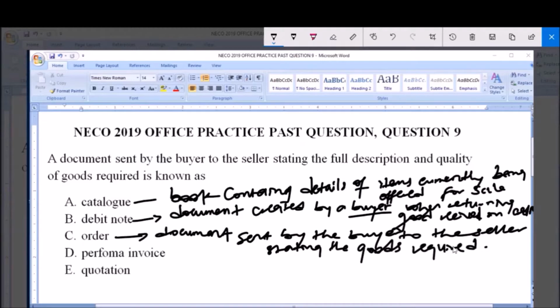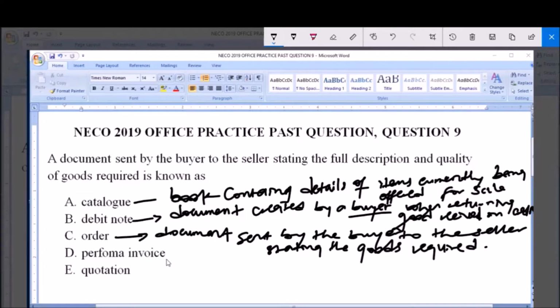This order is a simple document that is created by a buyer. It states the full description and quality of goods that is required by the buyer, and this document is sent to the seller by the buyer.